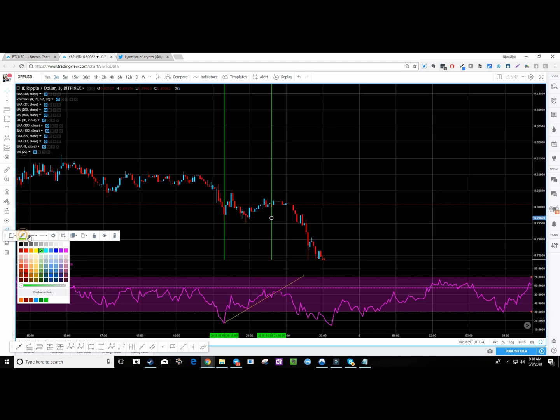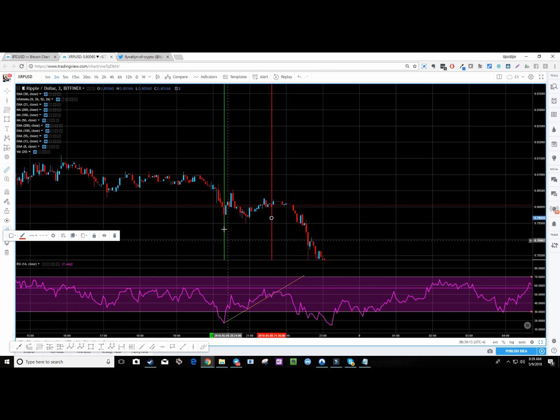Again, this is the 3-minute chart, so this is a very short time frame, just a day trading scenario. I would have closed the trade, and then looked for another opportunity as RSI moved into the overbought or oversold region.